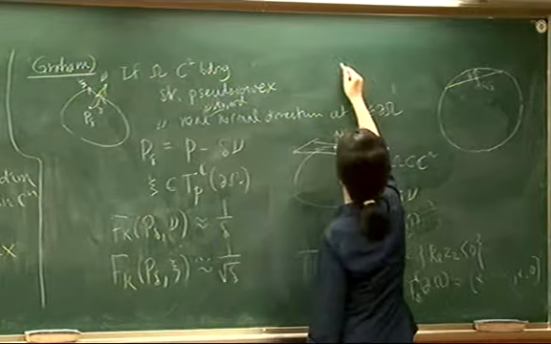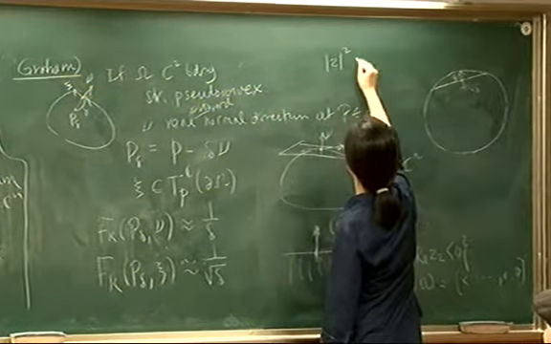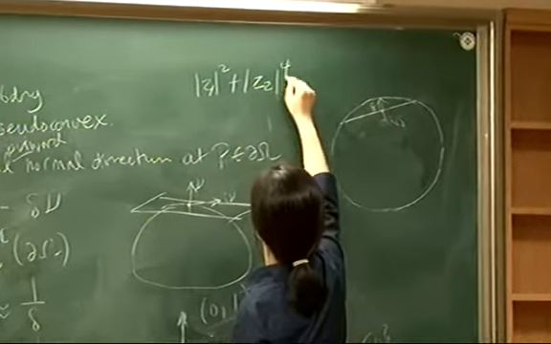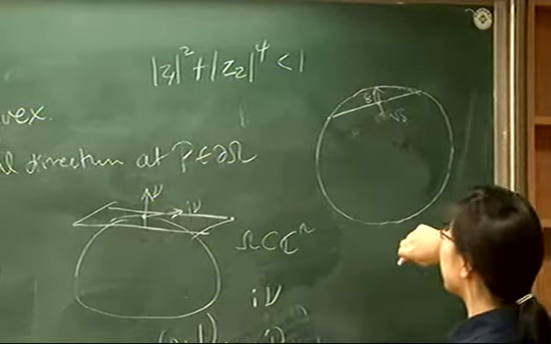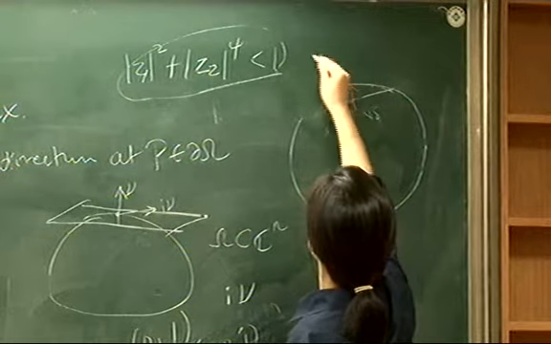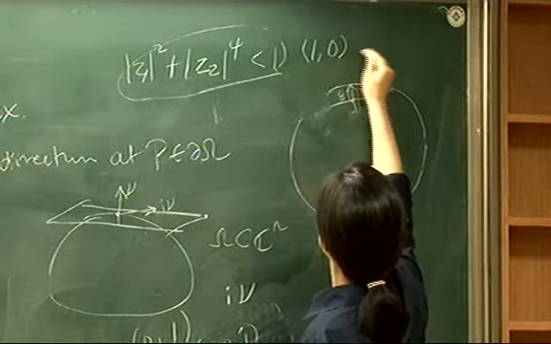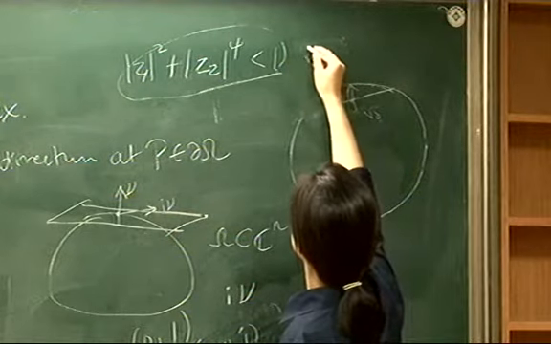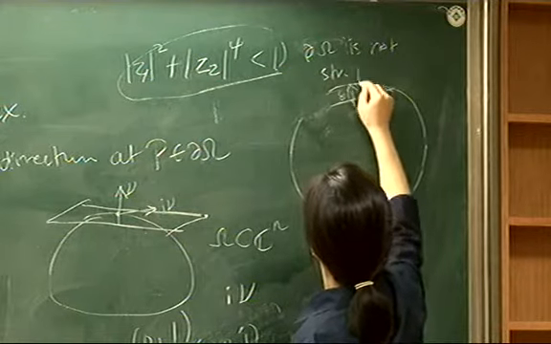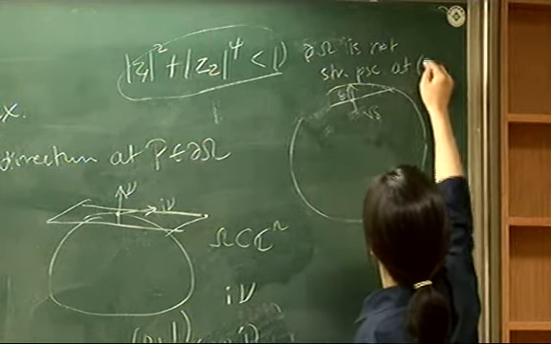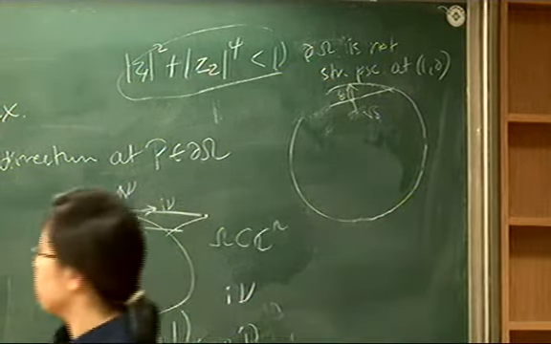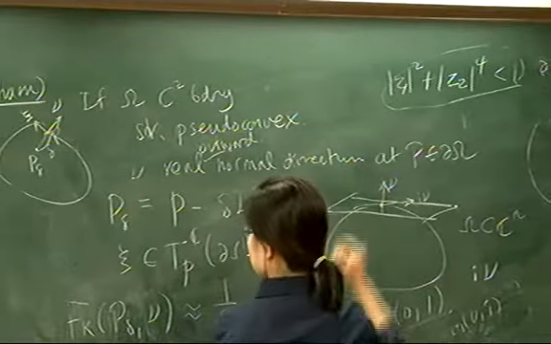So that means if the domain is given by mod z1 squared plus mod z2 to the fourth less than 1, then at the point 1, 0, the boundary of this domain is not strongly convex. So this doesn't apply to this ellipsoid.